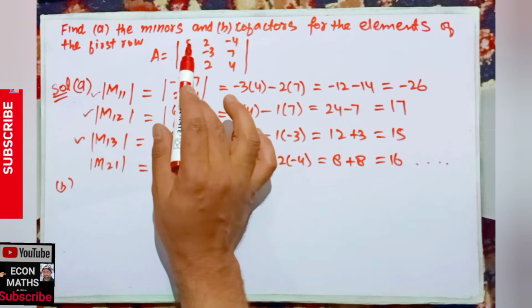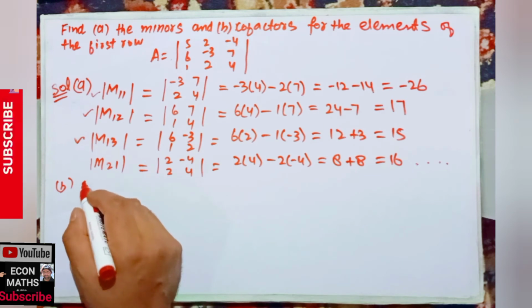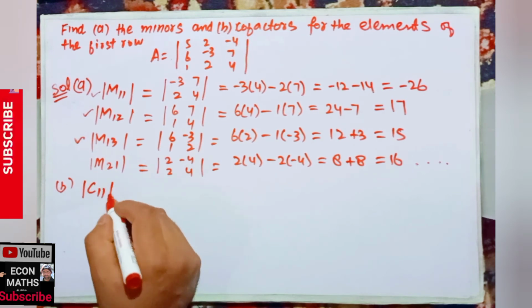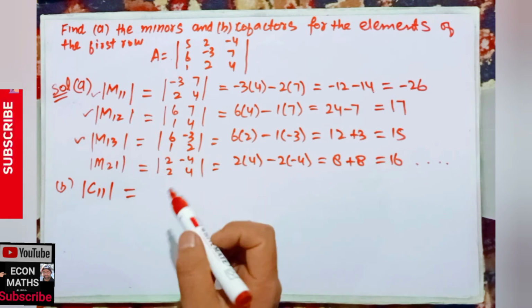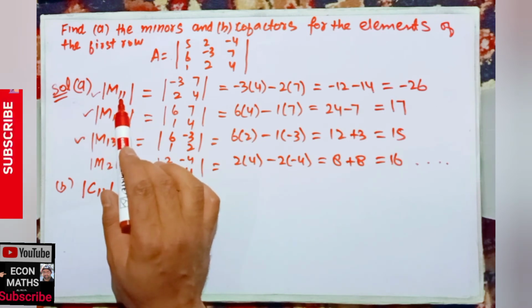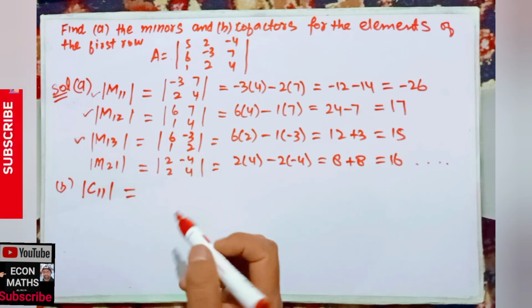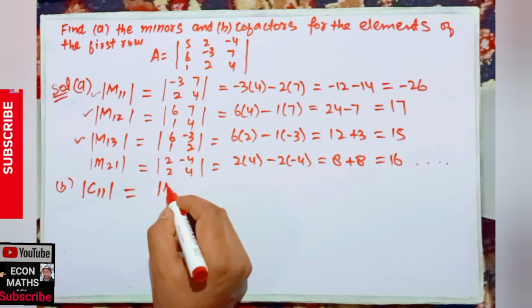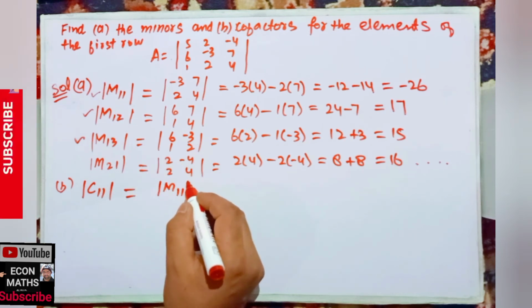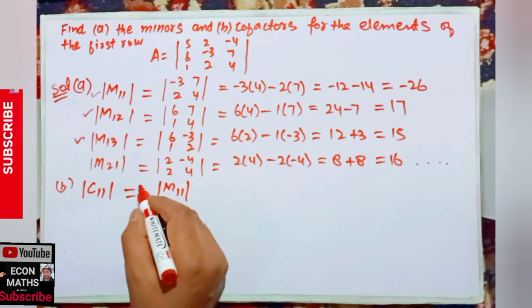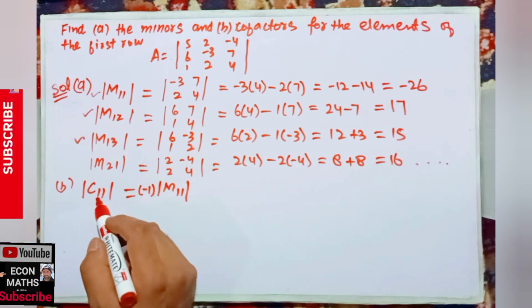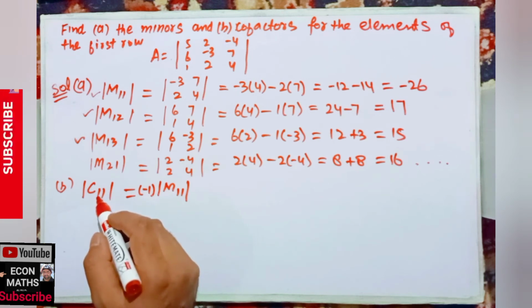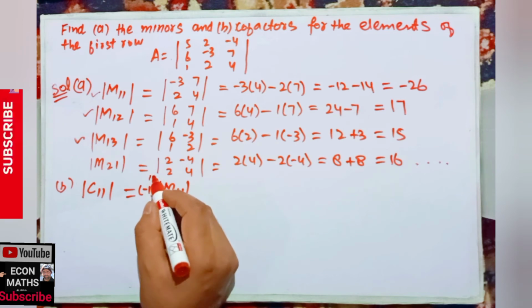Now the cofactor at this place is denoted by C11. Now a cofactor is simply a minor along with a proper sign. That is, here we write the first minor, M11, and multiply it with -1 raised to the power of the addition of the subscripts, that is 1 plus 1.